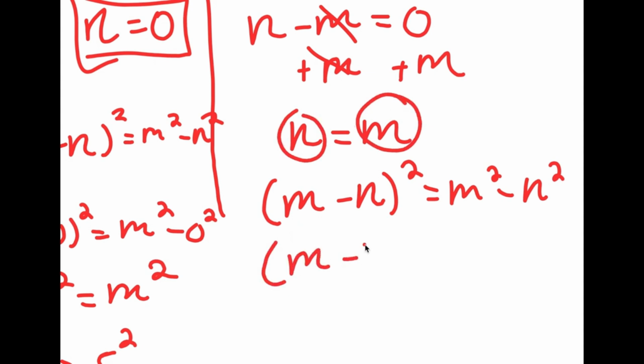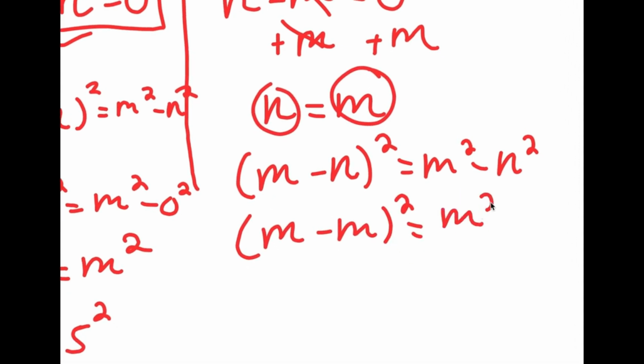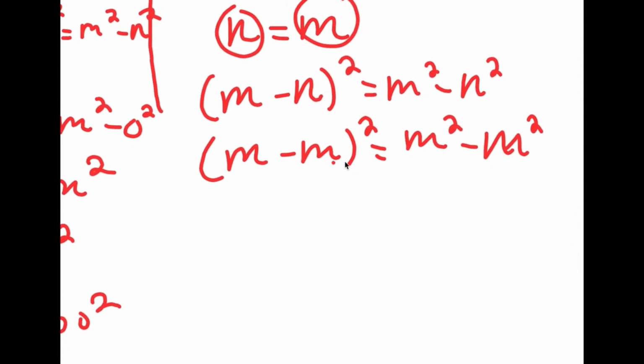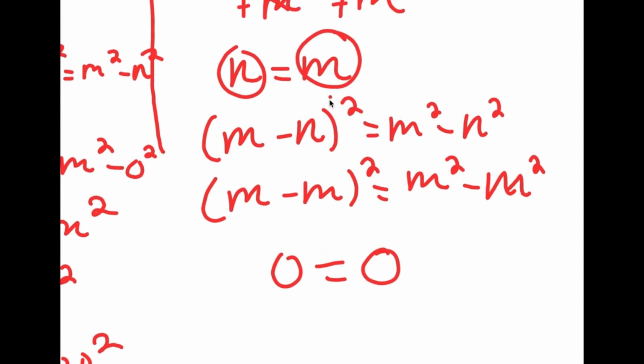So now I have m minus m squared is equal to m squared minus m squared. M minus m is 0, so I have 0 is equal to 0. And this means that they're both equal to 0.